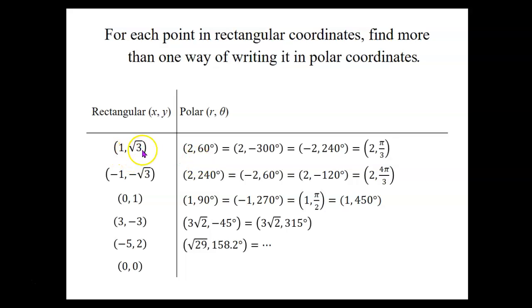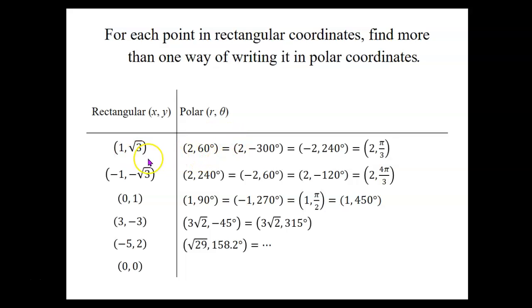For the point (1, √3), if I were converting this by hand, r would be the square root of x squared plus y squared. So it would be the square root of 1 plus 3, the square root of 4, which is 2. And to find theta, I notice that y over x is √3 over 1.